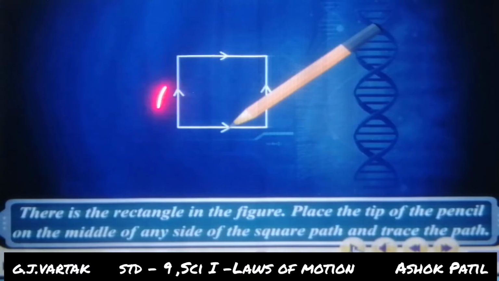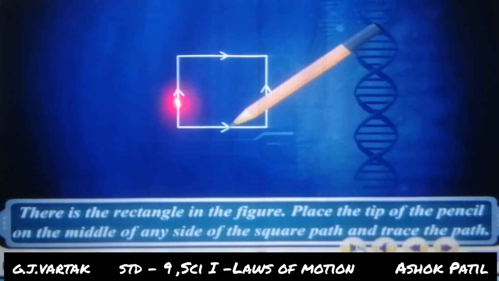Look at your mobile screen. There is the video. This is the quadrilateral, and keep the tip of the pencil here. There is a rectangle in the figure. Place the tip of the pencil on the middle of any side of the square path and trace the path. Keep the tip here and trace the path like this.